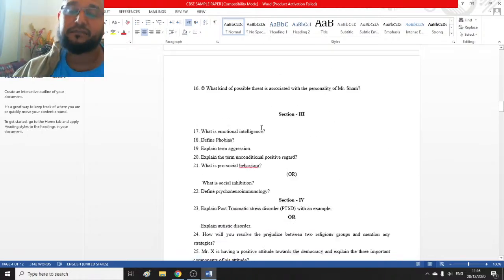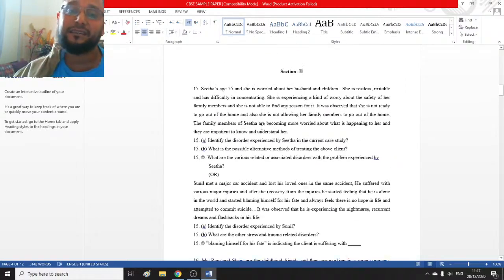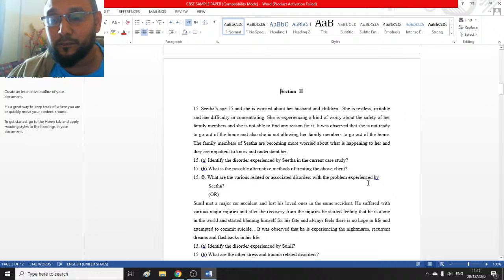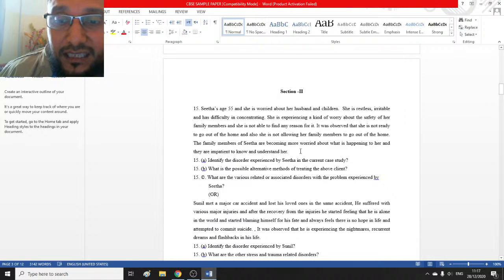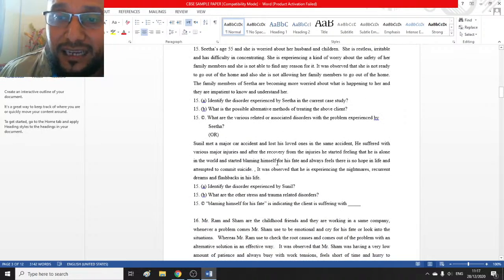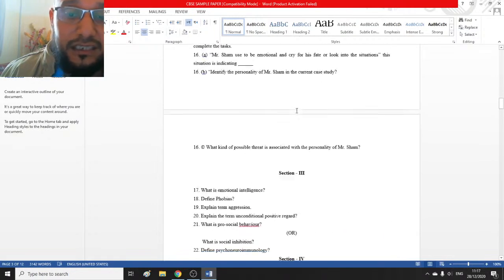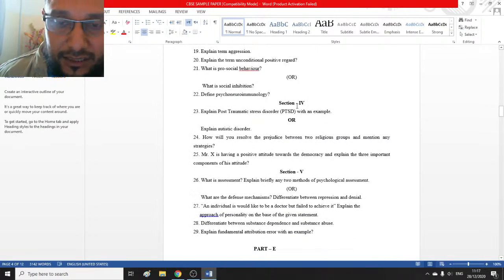In Sita's case, of course, you can say what are the other related disorders of the phobia or GAD, panic disorder, phobia, so many are there. But this question, you see, what are the various related or associated disorders with the problem experienced by Sita? Sita's problem is GAD, agoraphobia is there with her actually. But I gave all the disorders as answer key to you people. But it is actually the agoraphobia for this question.